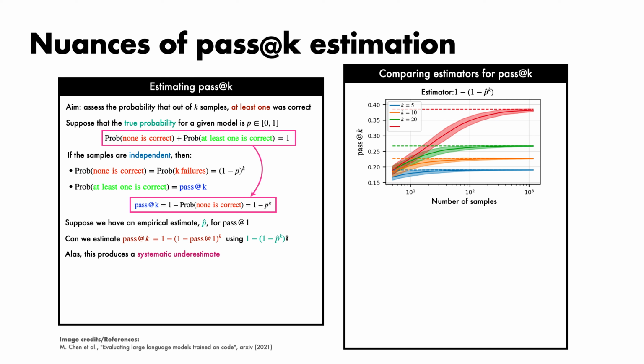The green line is k equals 20, and the red line is k equals 100. From the widths of the shaded regions, we can see that the variance is noticeable but perhaps not excessive. However, if we look at the value of the estimator, we see that there is a systematic underestimate between each solid line and each dashed line.